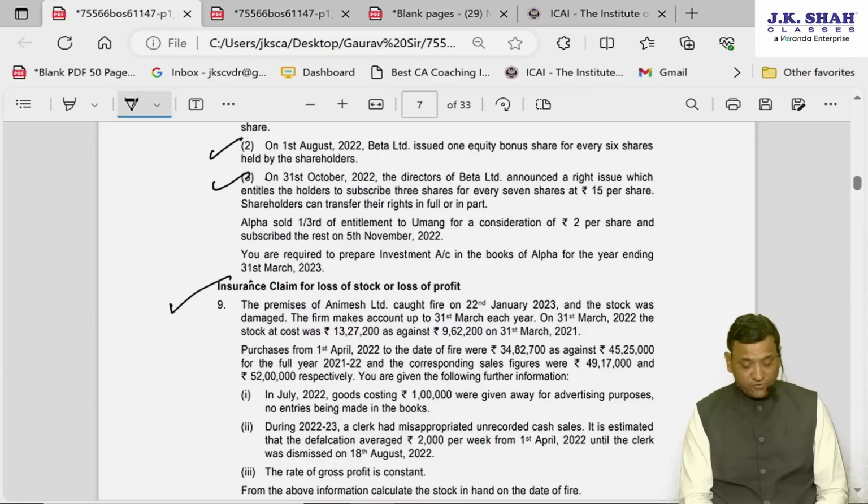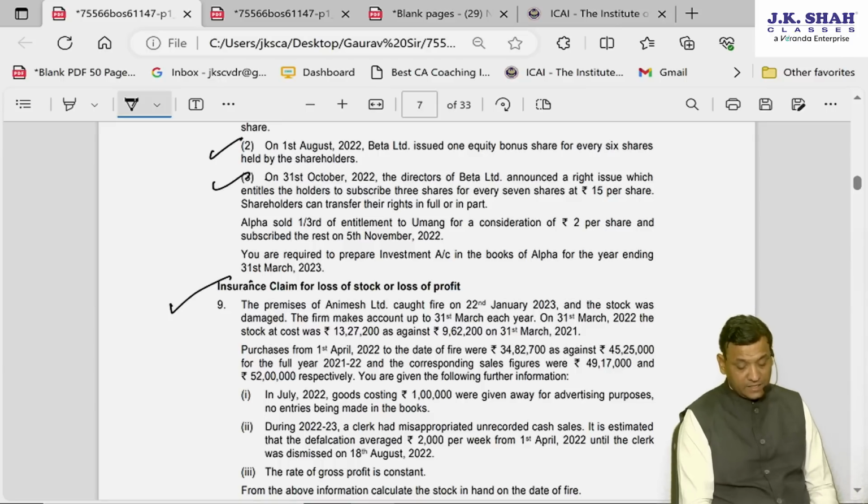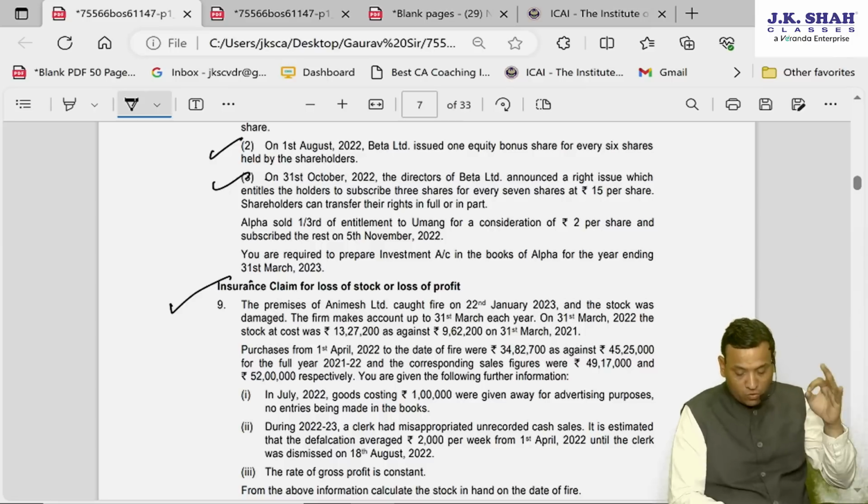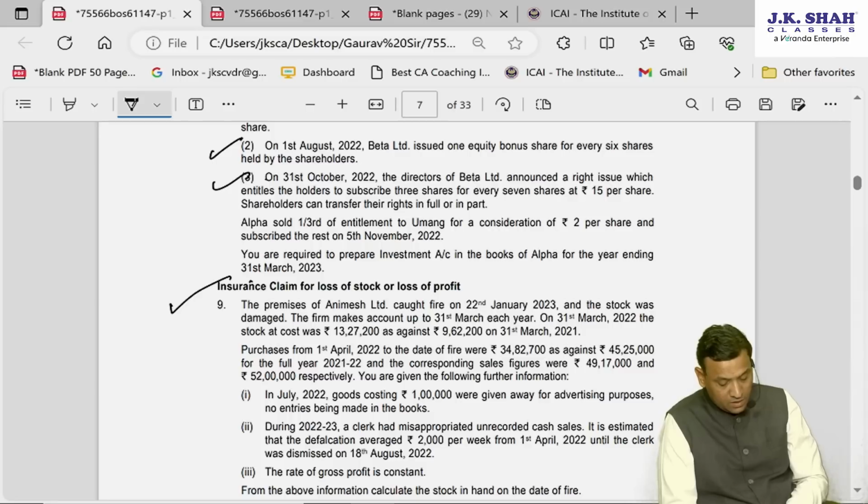The premises of Animesh Limited, that is nothing but the loss of profit, loss of stock chapter. Caught fire on 22nd Jan 2023 and the stock was damaged. The firm makes accounts up to 31st March every year.